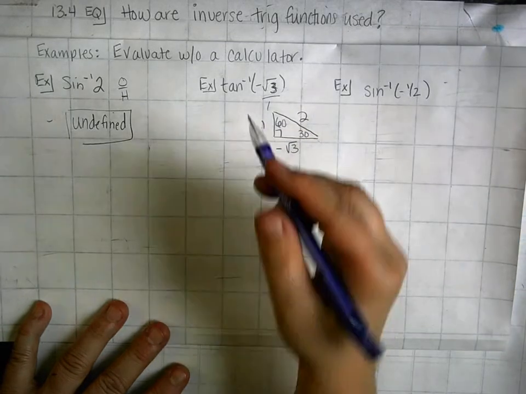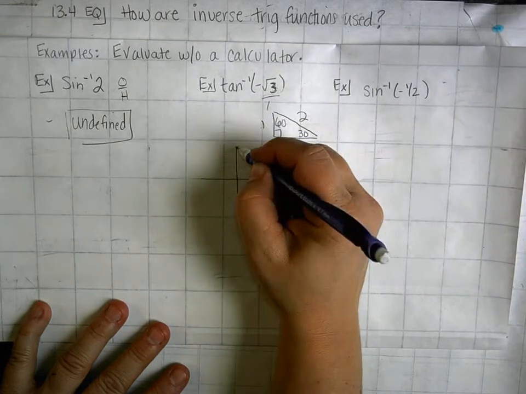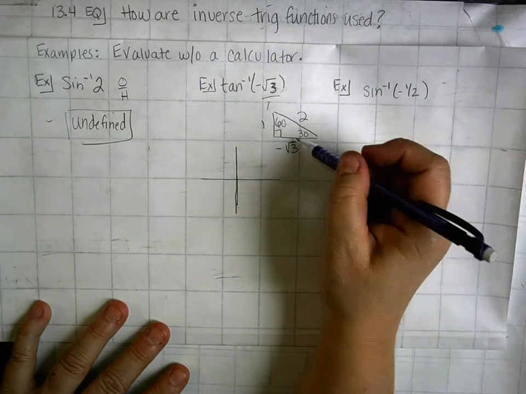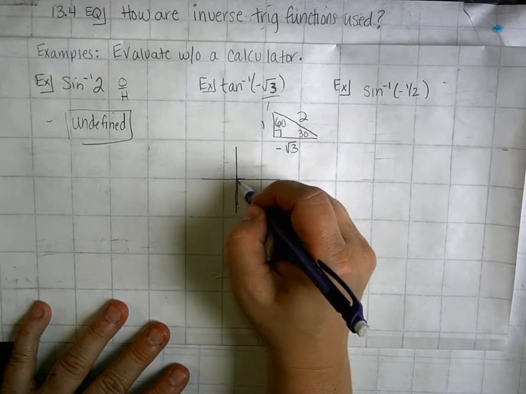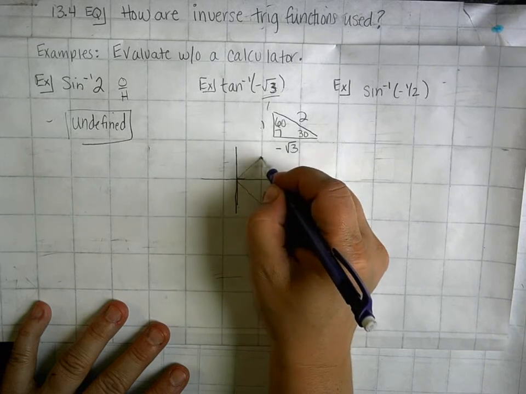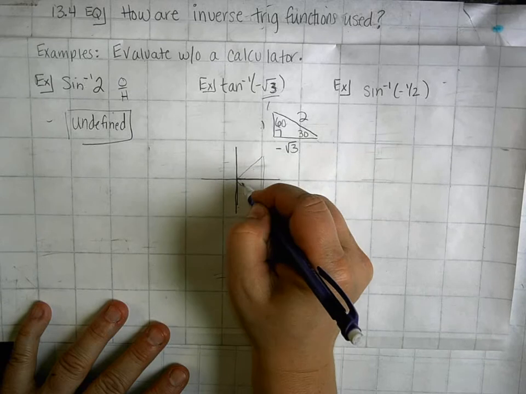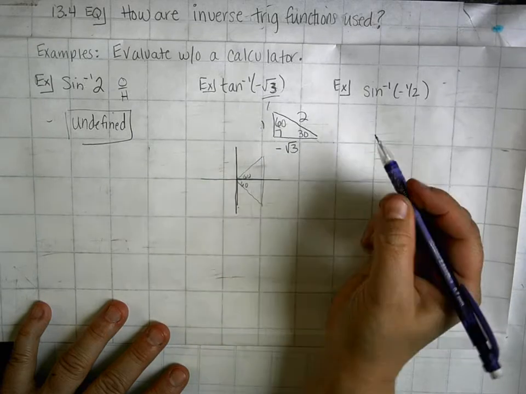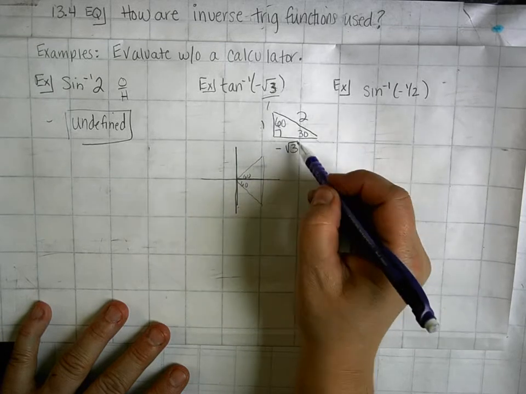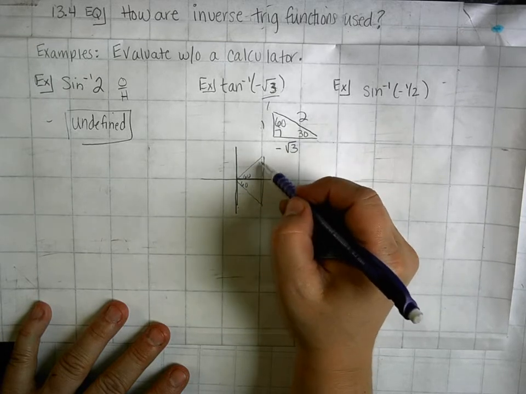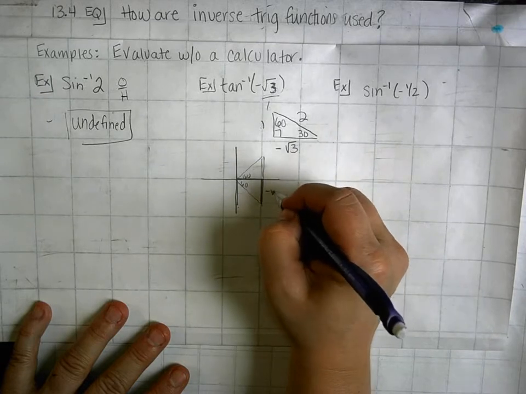Okay, so when I place that in a coordinate plane, I know that I want my 60-degree angle to either be in quadrant 1 or quadrant 2. So it's either going to be here or here. And I know that the opposite side has to be negative square root of 3. So a negative square root of 3 would be on the bottom side of your x-axis.